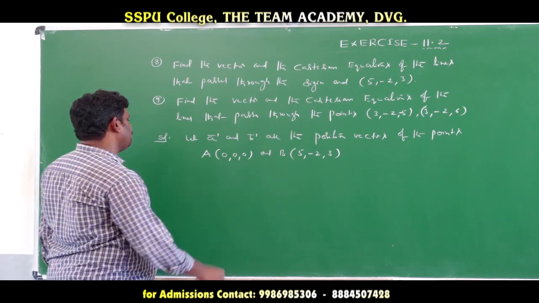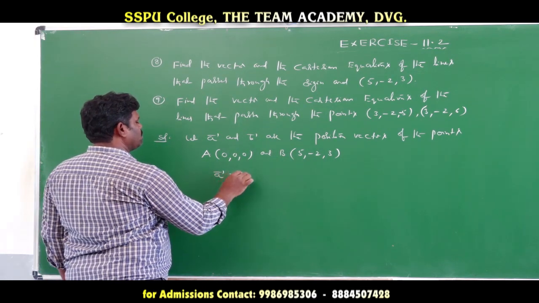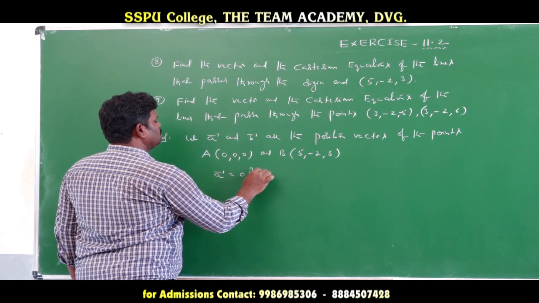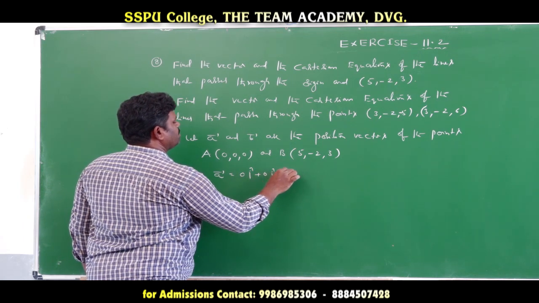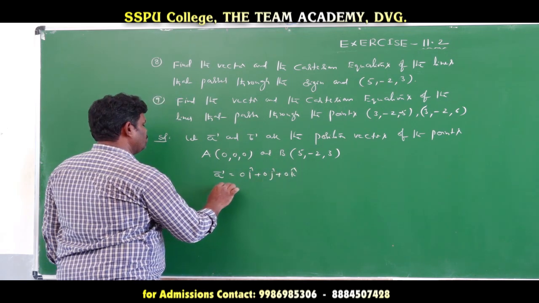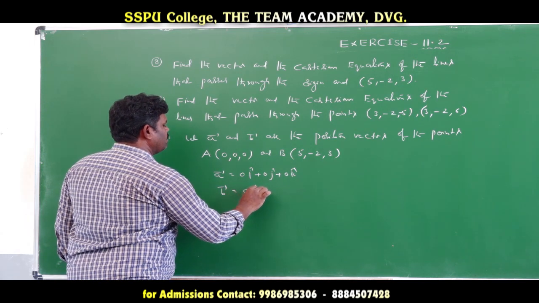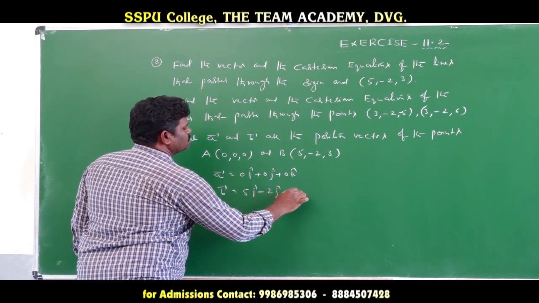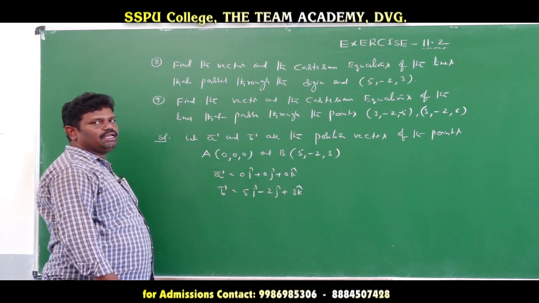Now a bar is the position vector, the null vector, 0 I cap, 0 j cap, 0 k cap. So b bar is equal to 5 I cap minus 2 j cap plus 3 k cap.